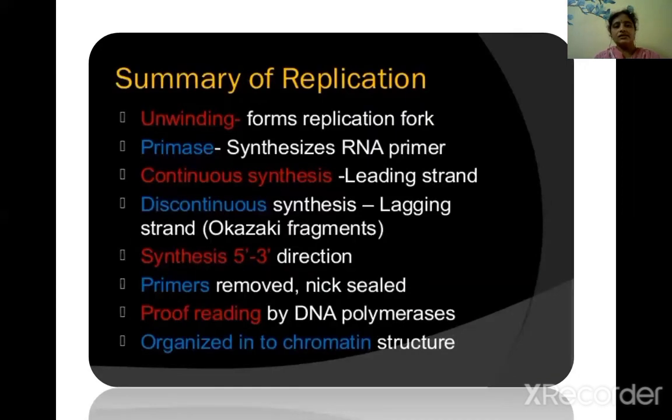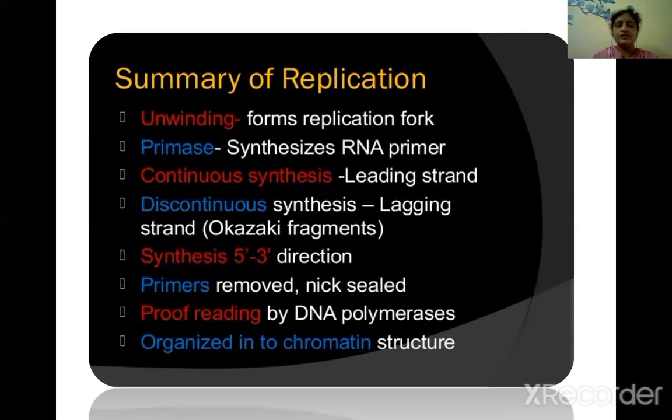At last, the summary of the replication. First one is unwinding. Unwinding of DNA strands forms a replication fork. Next, primase, which is a very useful enzyme, synthesizes the RNA primer. Continuous synthesis forms the leading strand. Next, discontinuous synthesis forms the lagging strand.